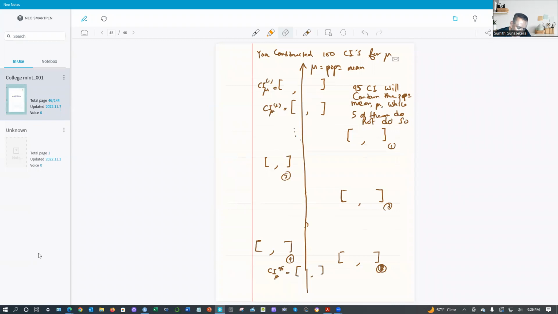That's what we call the 95% confidence interval.